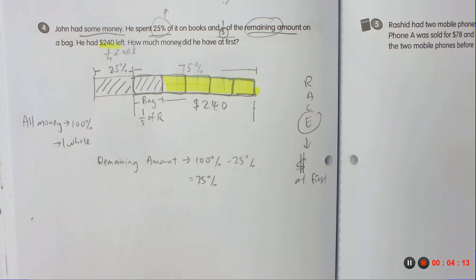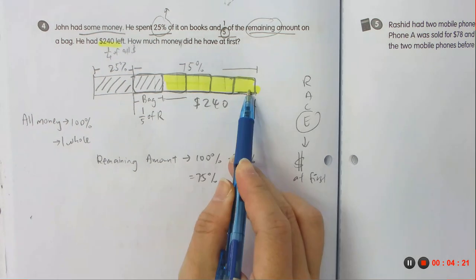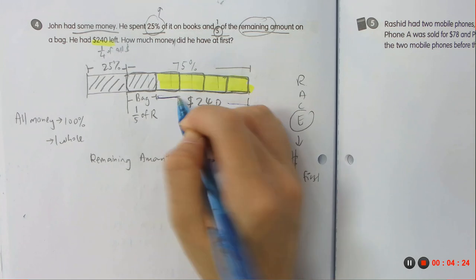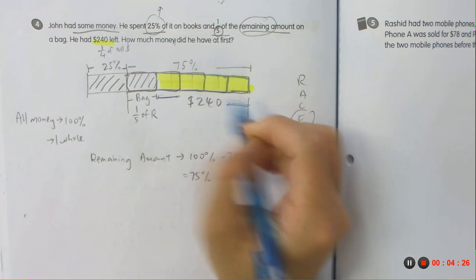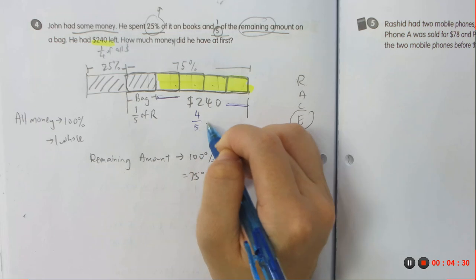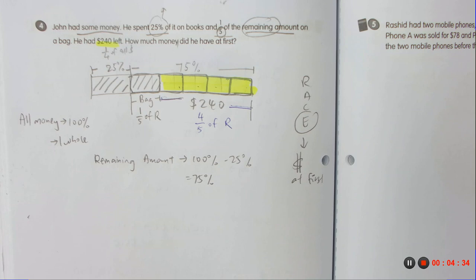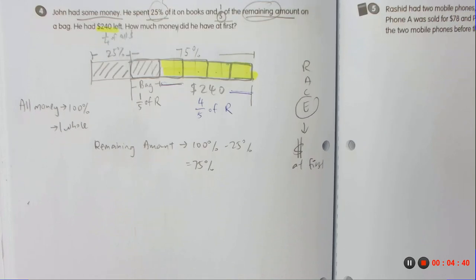So looking at this model, is it quite clear already? So I see this $240. You can see that it's 4 units, 4/5 of the remaining. The 4/5 of the remainder is $240.